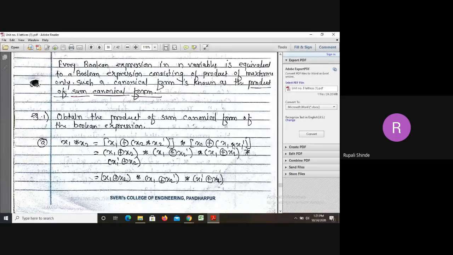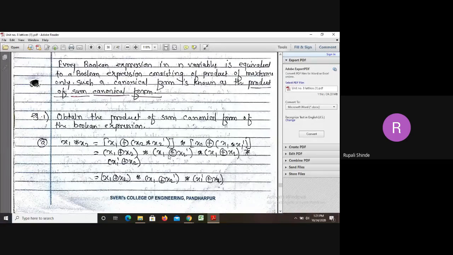Now star operation, and the remaining one is X1 complement XOR X2. We have just applied the distributive law. Now check whether any term is repeated here. X1 XOR X2 is here and here also, so we can consider that term once. So it is X1 XOR X2.